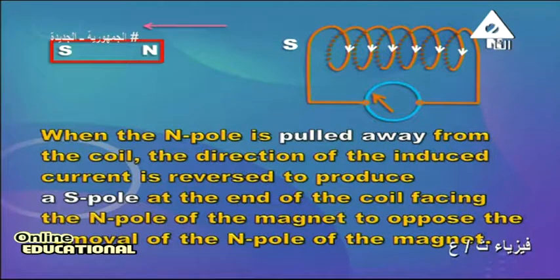In this case, the change producing the current is the withdrawal of the North Pole. So the current will oppose the withdrawal by producing a South Pole to attract it.